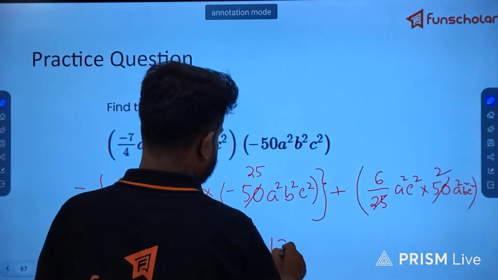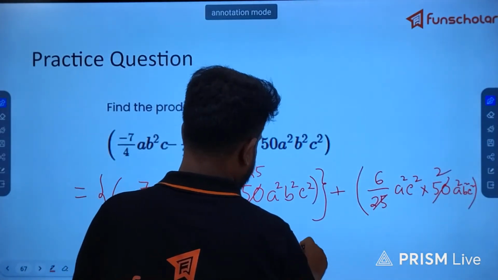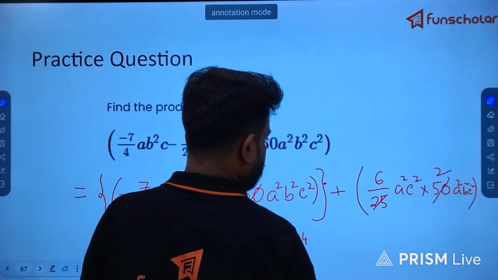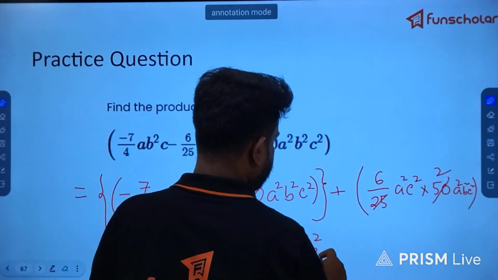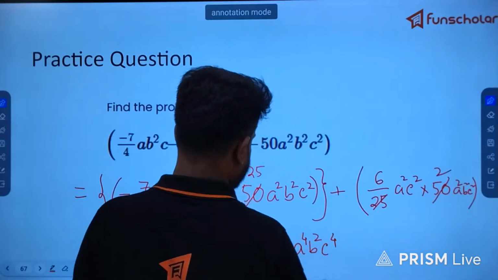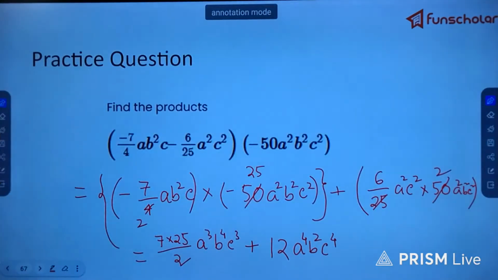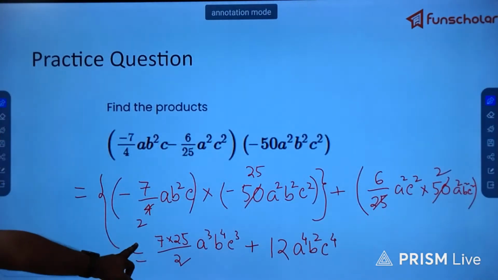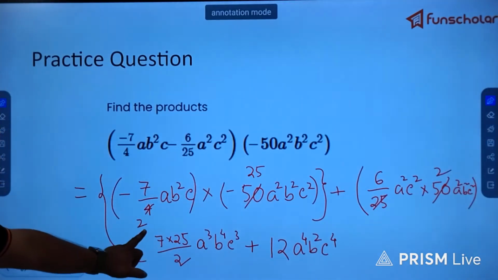So it will be 6 2s are 12 a to the power 4 b square and c to the power 4. Okay. So both of them done, and if you want to multiply this, it will be 7 into 25.